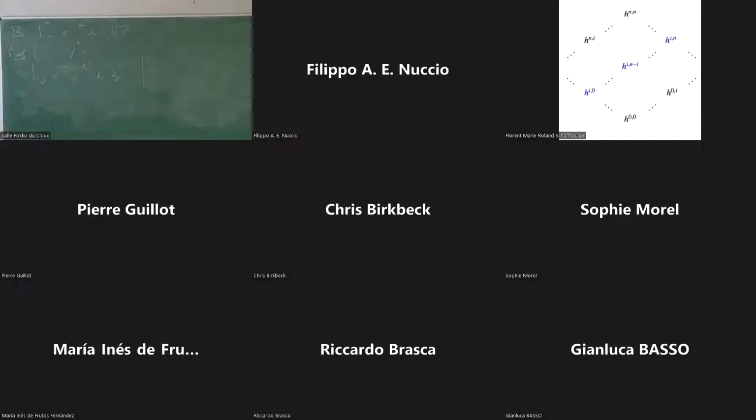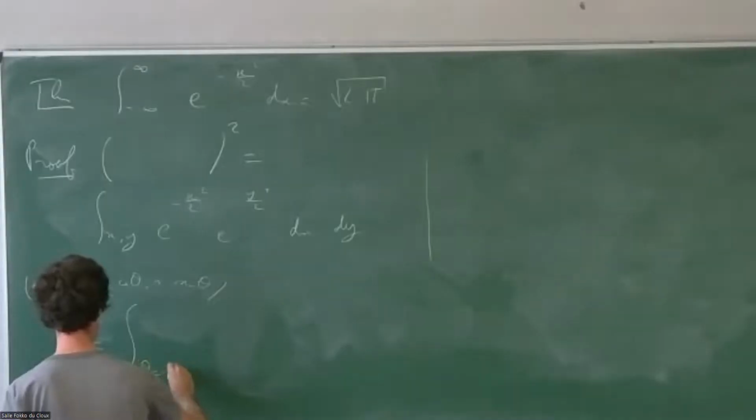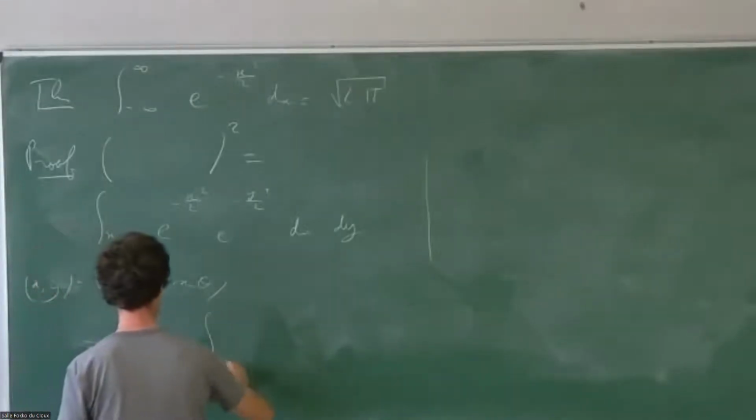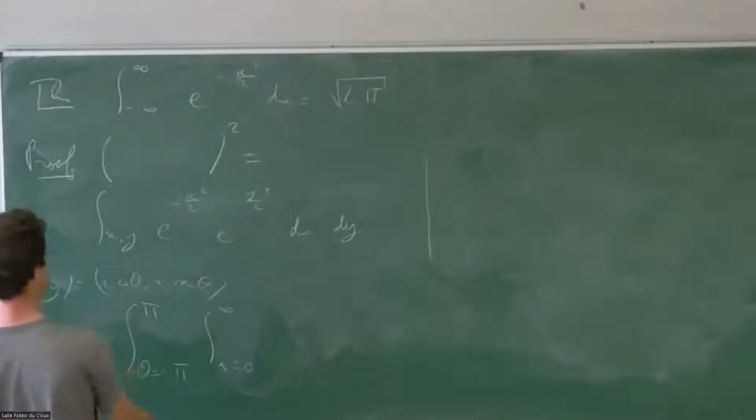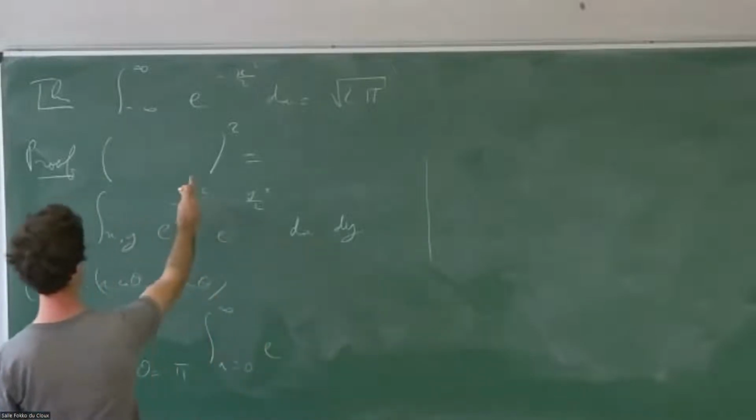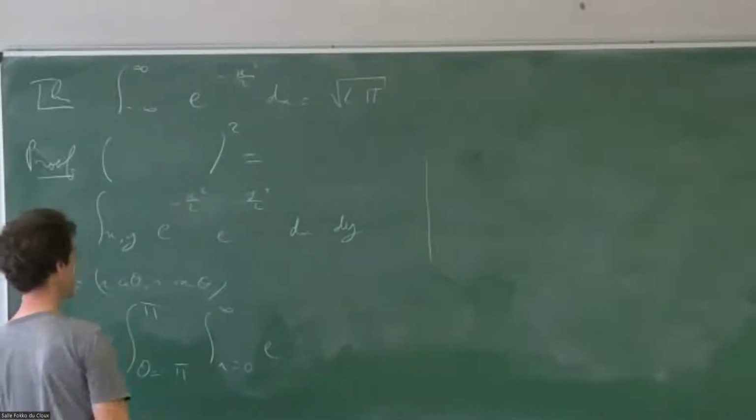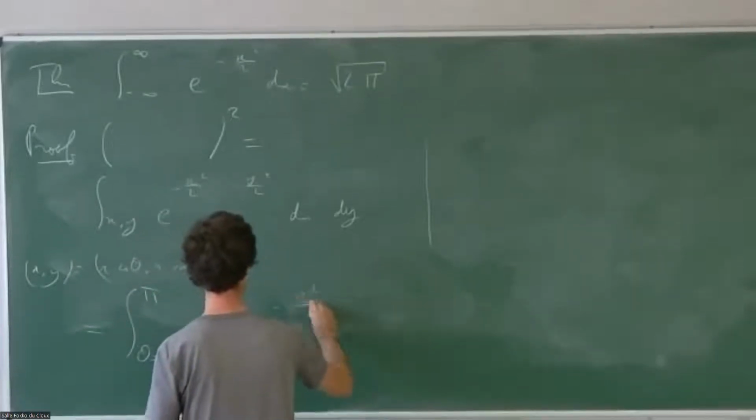And then what is nice is that you have x squared plus y squared in your integral, and then you will change variables. You will write x, y as r cosine theta, r sin theta, for r ranging from 0 to infinity, and theta ranging between minus pi and pi. So this double integral, in polar coordinates, becomes the integral from minus pi to pi, the integral from 0 to infinity of exponential minus, well, x squared plus y squared is just the distance to the origin, minus r squared divided by 2.